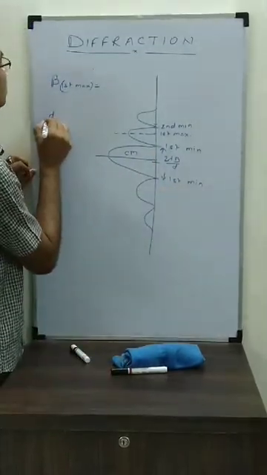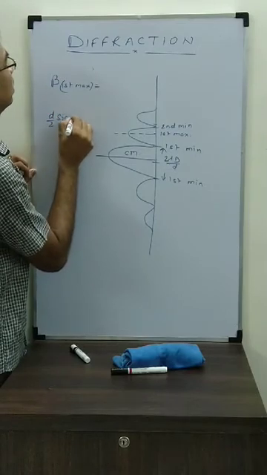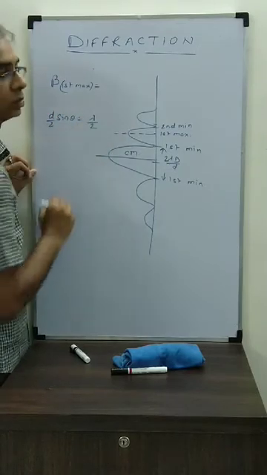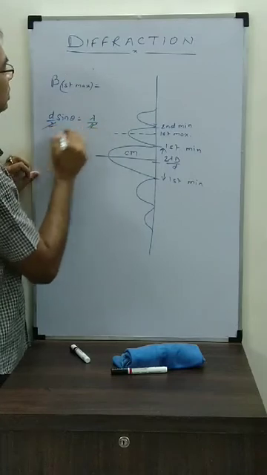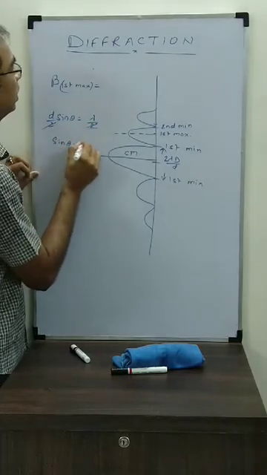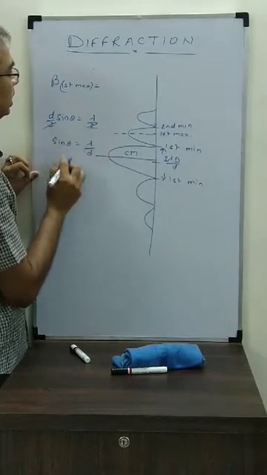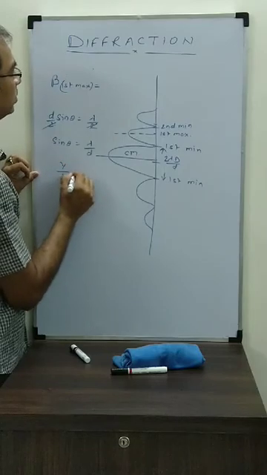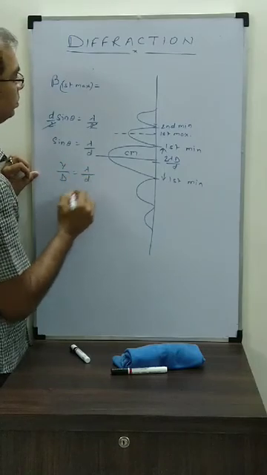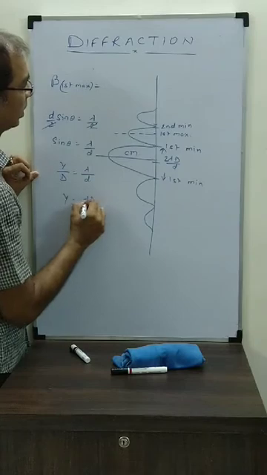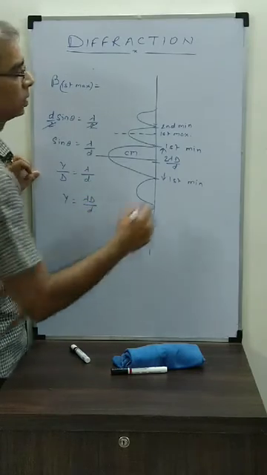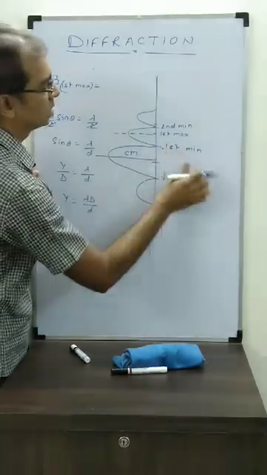So we wrote d by 2 sin theta equal to lambda by 2. This gets cancelled. Sin theta was lambda by d, and sin theta we replace with y by D. So y is lambda D by d. This value we already know: lambda D by d.